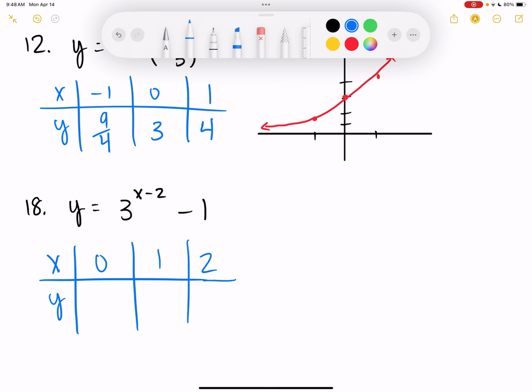When I plug in 0, I end up with 3 to the -2 and then minus 1. And 3 to the -2 would be what? 1/9. Yep, 1/9 minus 1. So this would be -8/9. So I'll know that that's relatively close to -1, but not quite there.